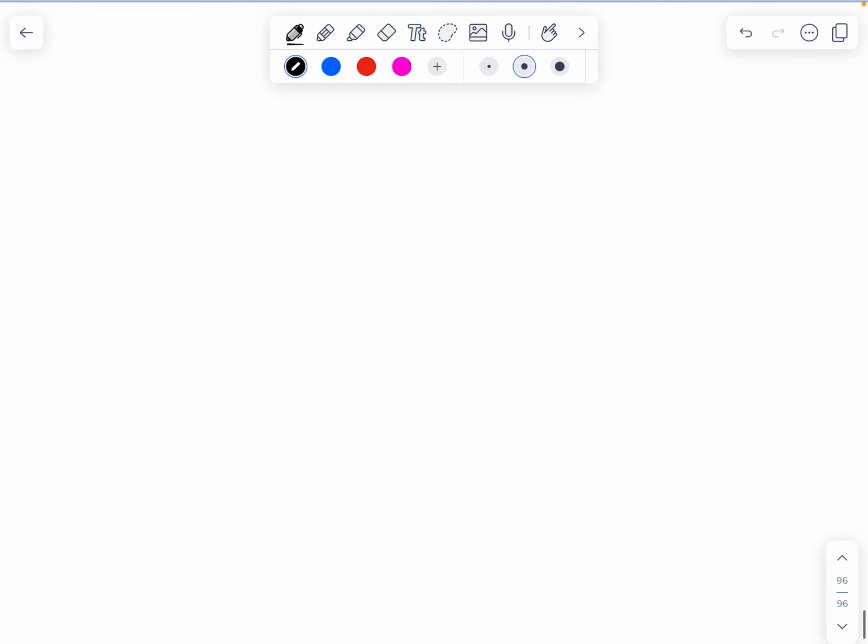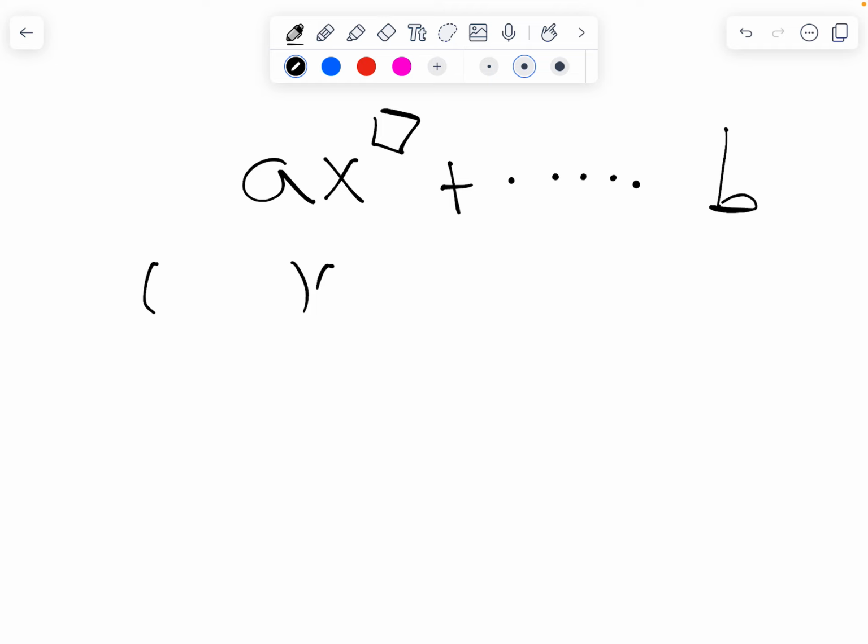We are talking about what's called the rational roots theorem. Rational roots theorem says this. If you have a polynomial that is ax to the n plus dot, dot, dot plus b, how do we know what is going to go there? What guesses can we make?